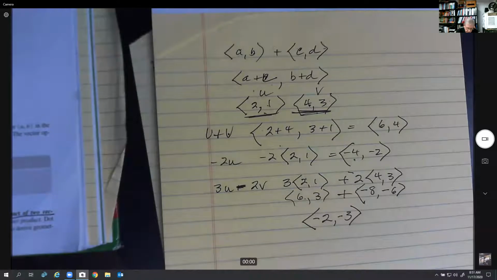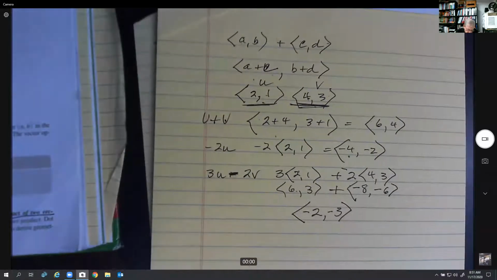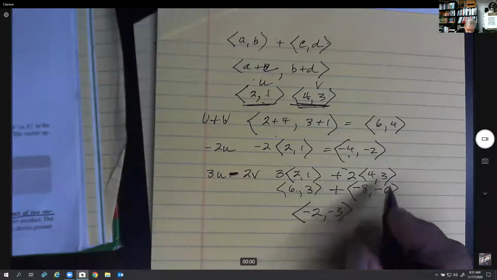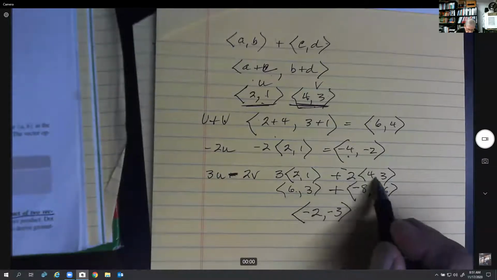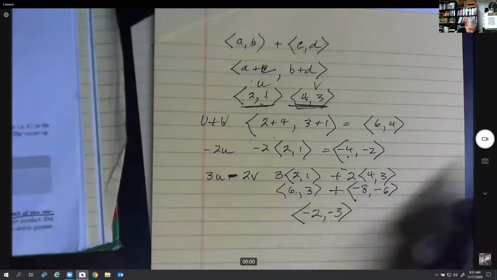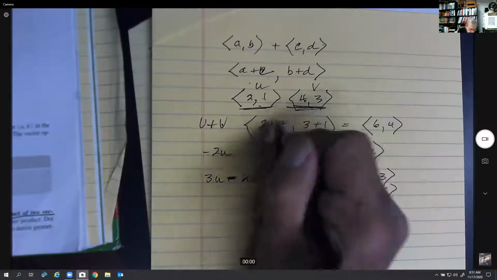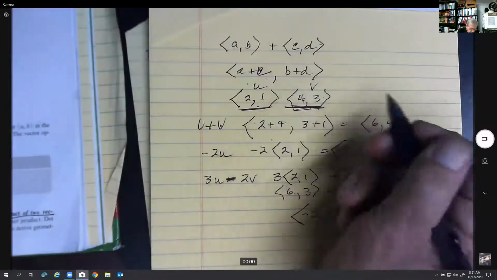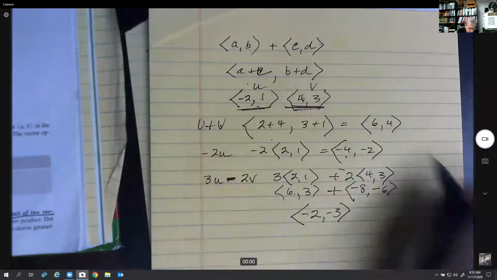Did I goof up? I must have made a mistake here. Let me write down my vectors. I multiply by negative 2, negative 8. Oh, this was a negative 2. I didn't even notice that. On the original one, this was a negative 2. I'm sorry.